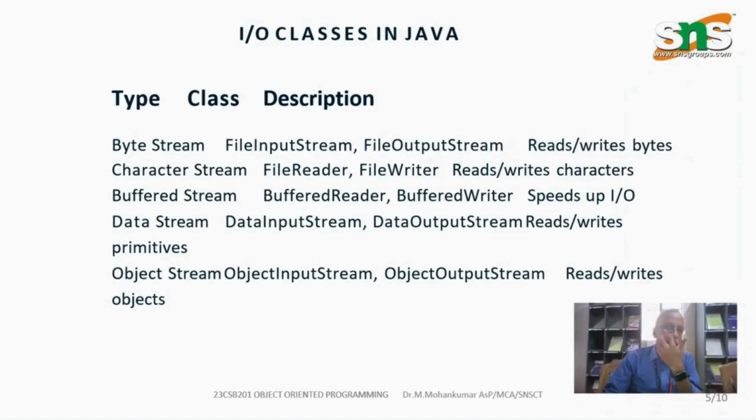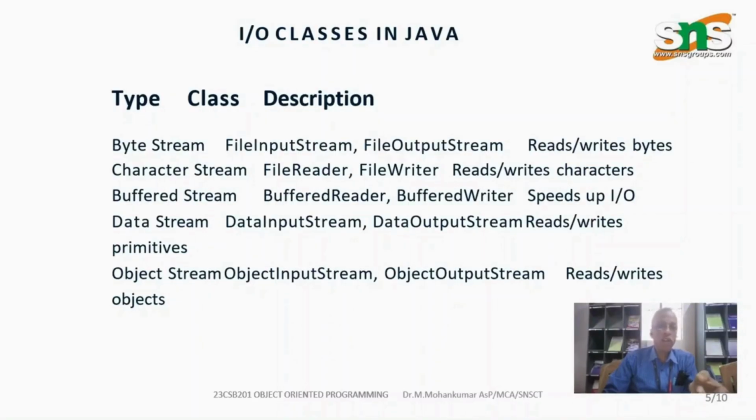Then IO classes in Java. Types and class descriptions. We have different classes for doing different activities in a Java program. That is, byte streams: FileInputStream, FileOutputStream, which read and write bytes. Character streams: FileReader, FileWriter, which read and write characters. Buffered streams: BufferedReader, BufferedWriter, which speed up IO operations.